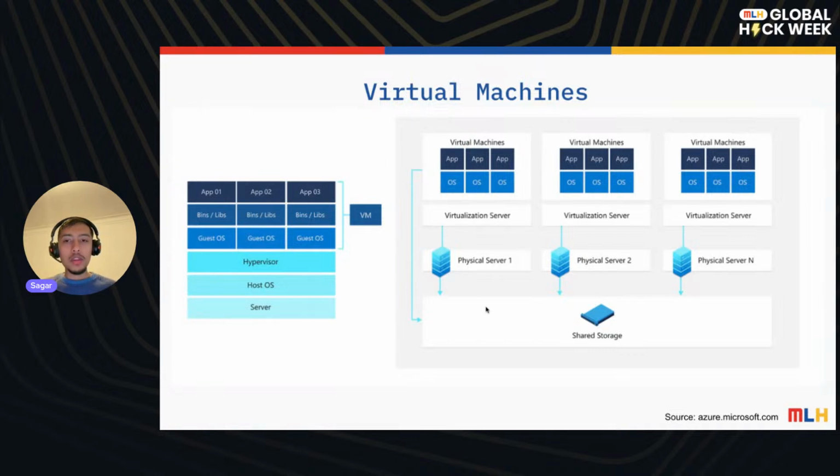For example, let's take a server which might consist of different storage devices or different network devices, and also you get some CPU, some RAM. So that's your server. And normally, if we talk about personal computers, we just have one operating system.